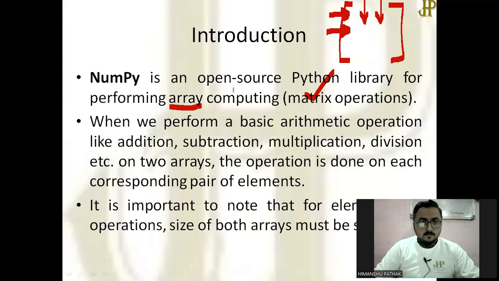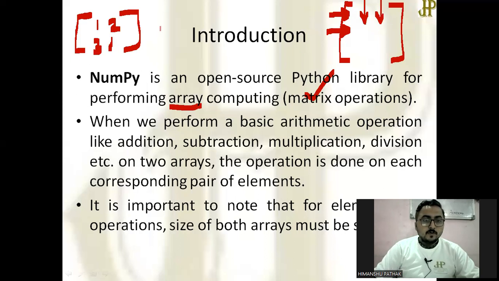For example, if there are two arrays, one array has values 1, 2, 3, and 4, the other array has the elements 5, 6, 7, and 8.